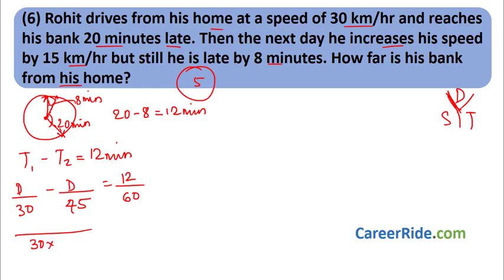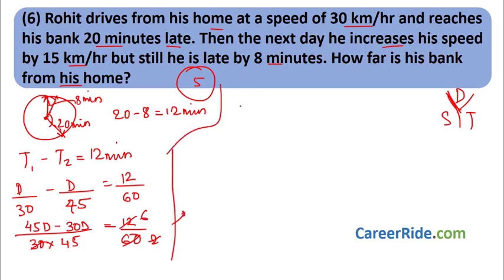We get 30 into 45, and 45D minus 30D equal to 12 upon 60. 30, this is 2, this is 6. So we have 15D equal to 6 into 45. 15 3s are 45, so D equals 18 kilometers.